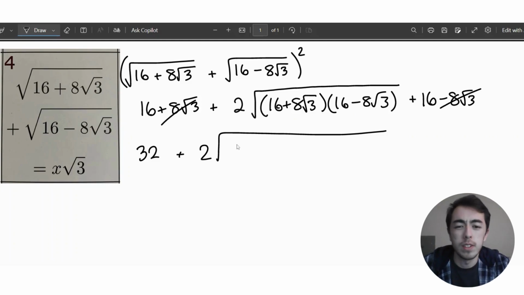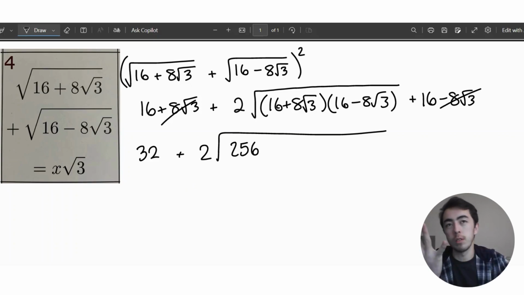Is that 256? I'm just going off of my knowledge of powers of 2. Let me just double check. 2, 4, 8, 16, 32, 64, 128, yeah, 256. Okay. So that's the first. Then the outside and inside terms are going to cancel, because I have 16 times a negative 8 root 3, and then I'll add a positive 16 times 8 root 3.